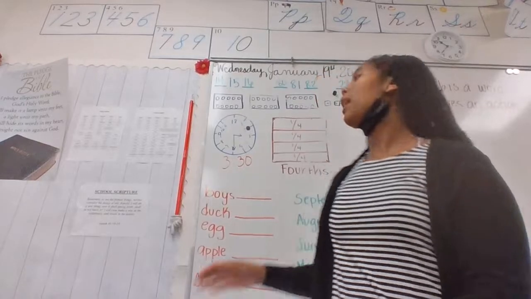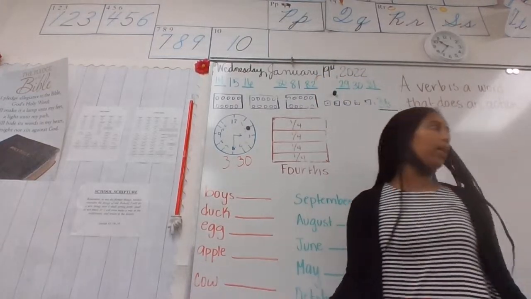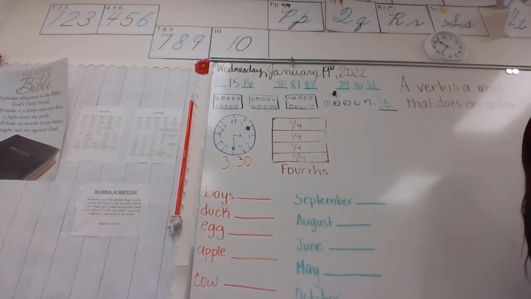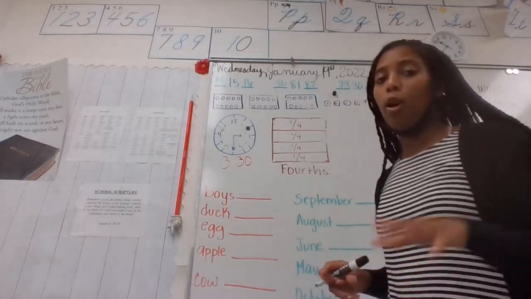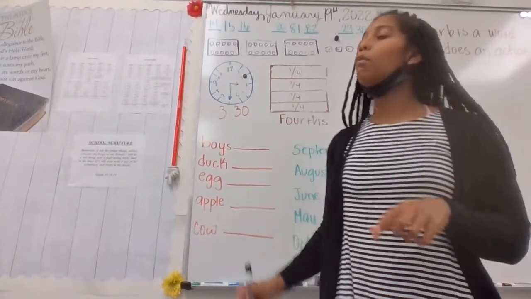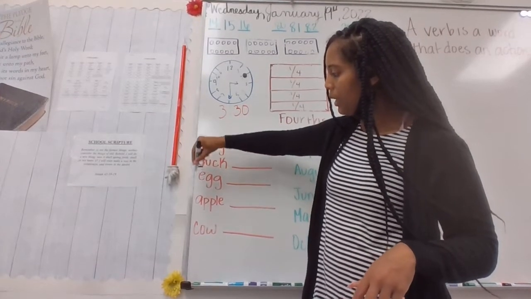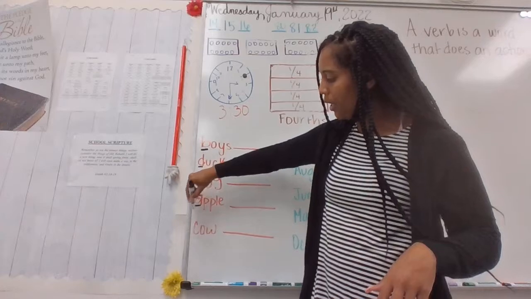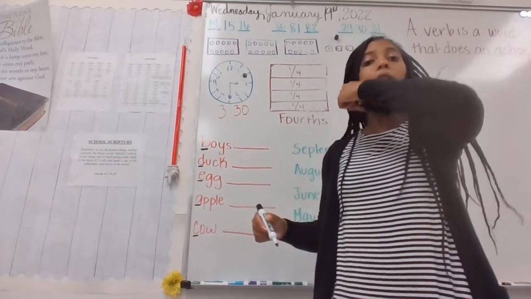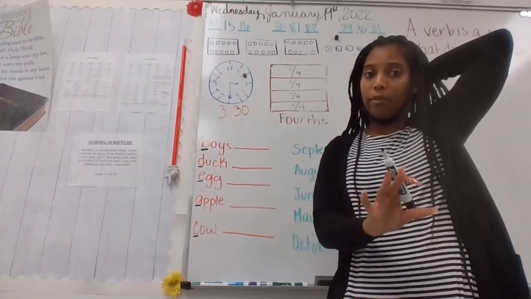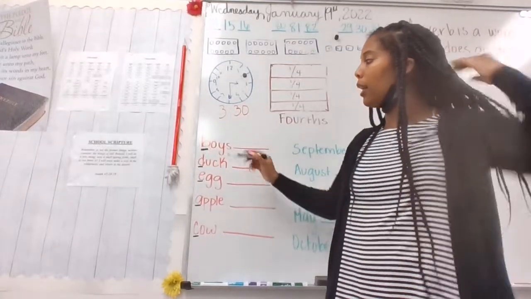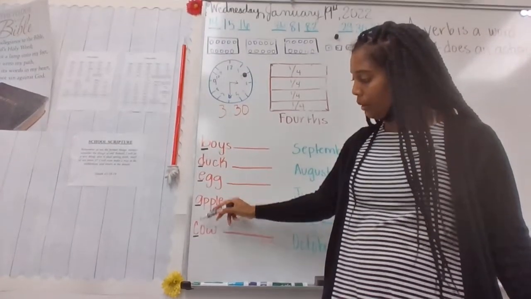So, whenever we have a list of words that we want to put in ABC order, which means the order of the alphabet, we have to make sure we pay close attention to only the first letter. So that means the B, the D, the E, the A, the C. None of the other letters matter. We only focus on the first letter.